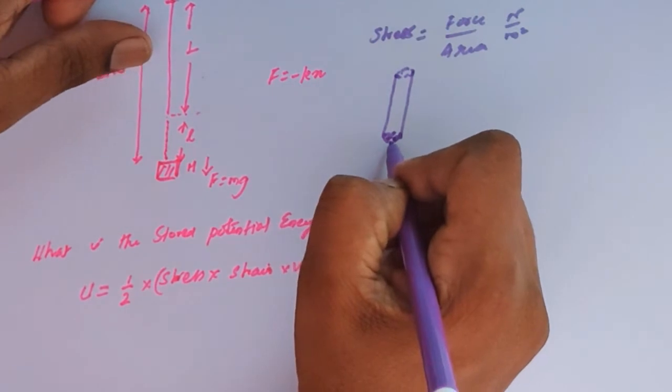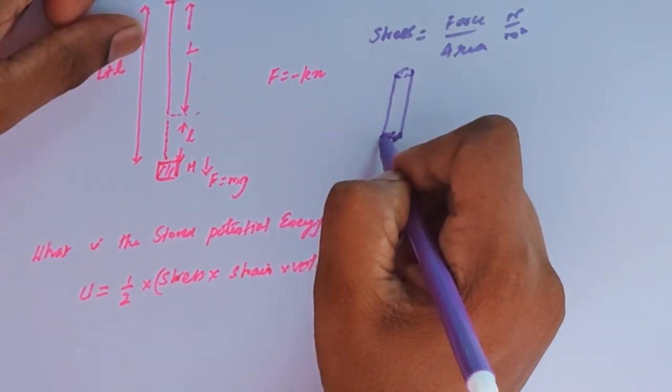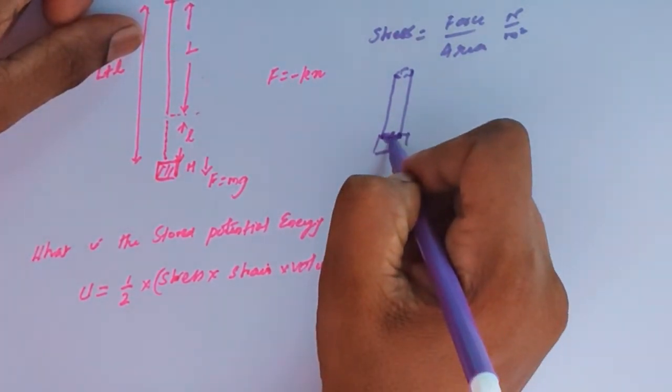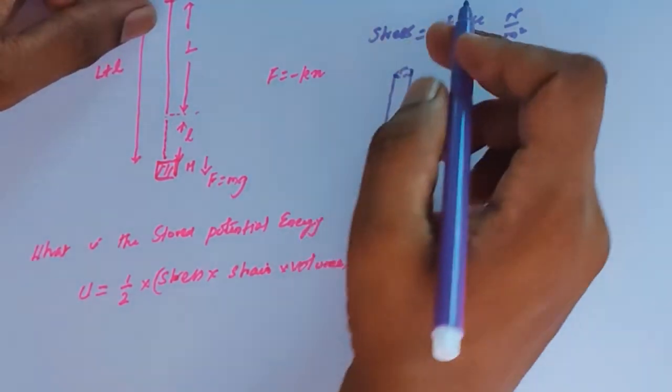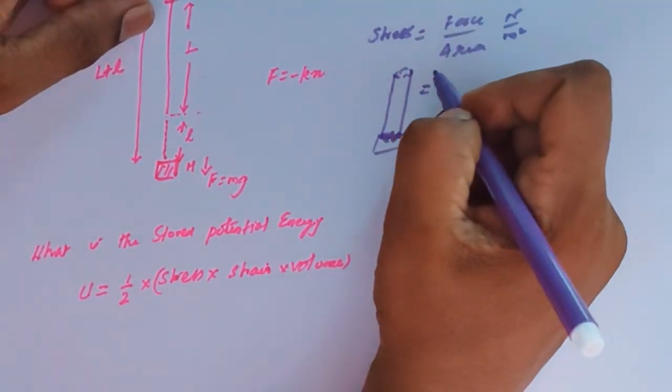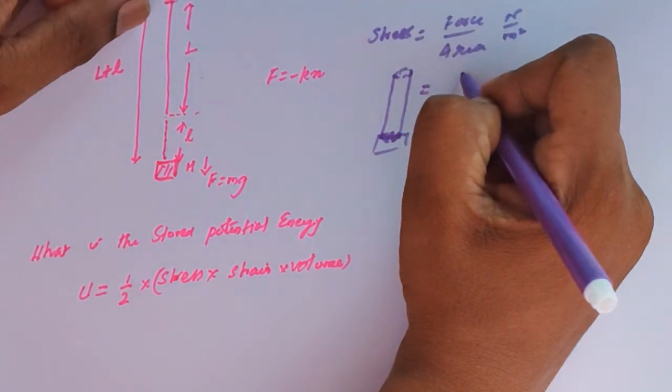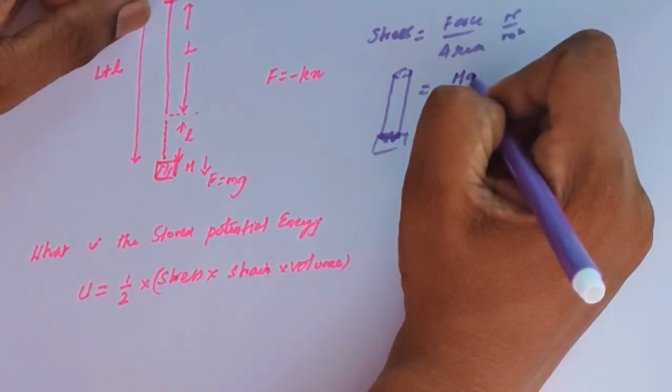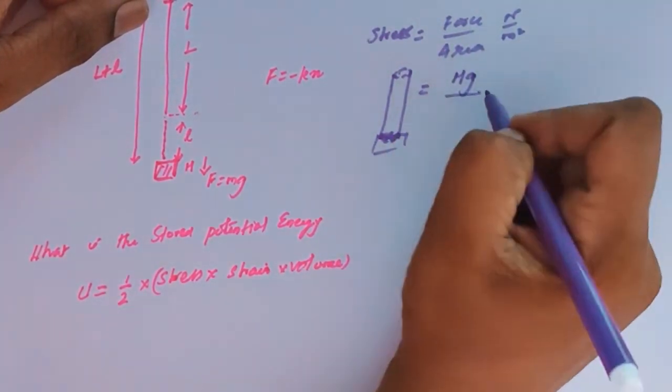This is the area. Here we are attaching the block of mass m, so there is a force acting on that area. So you can define the stress as the force, which is mg, acting on the wire, the mass of the block times the acceleration due to gravity, divided by the area.